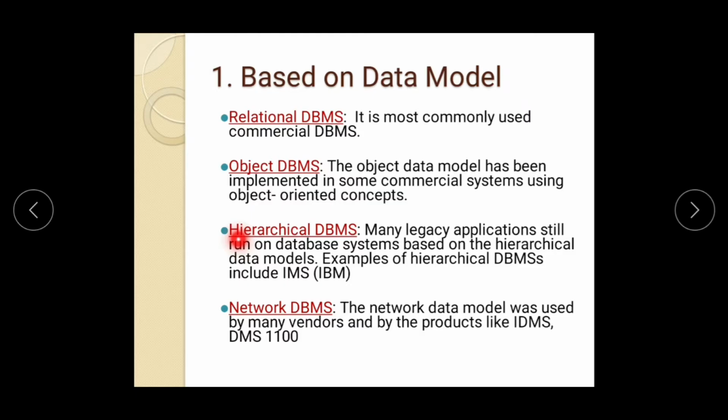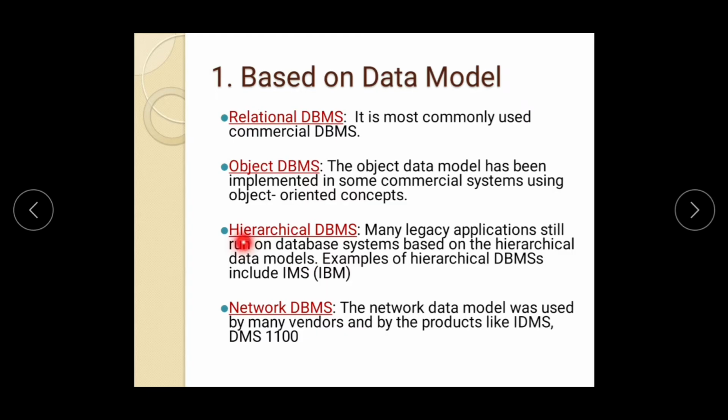Clear? Next one is hierarchical. Hierarchical we have already seen. It is in the form of a tree structure. Tree structure, where each parent can have multiple children, and each child can have only a single parent. Okay, so that is called a hierarchical DBMS. That is also a data model.